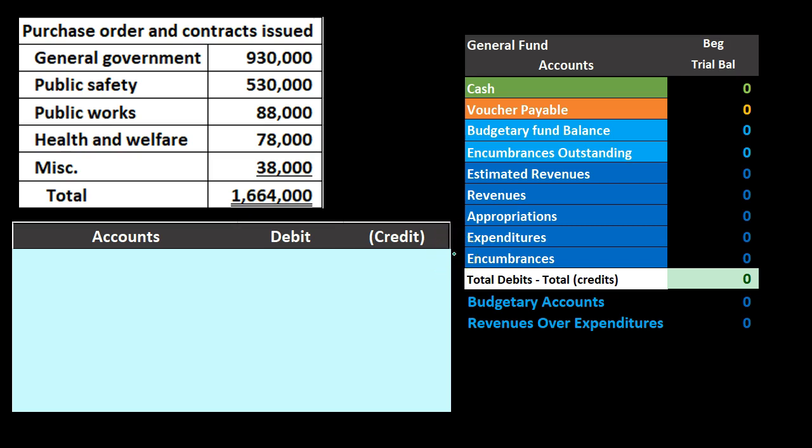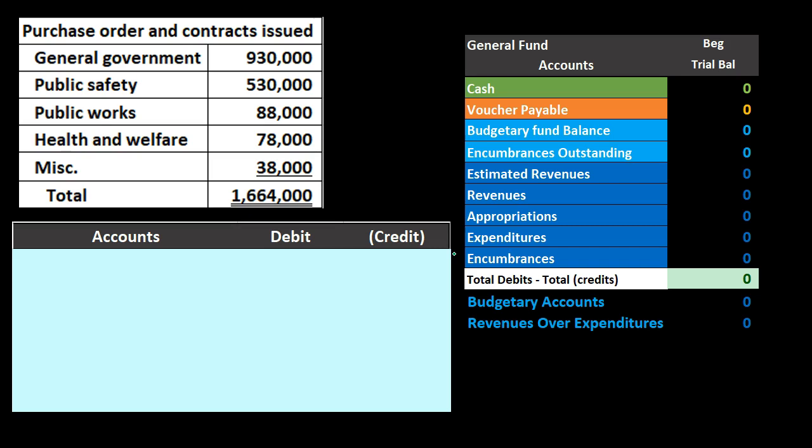Encumbrances are just going to be that holding account. They're going to be holding on to the commitment that we actually want to see transparently on the general ledger. And then they're going to be reversed entirely when the transaction would normally be recorded on a cash basis or accrual basis. So in other words, I would think of it as a clearing account as opposed to a temporary account.